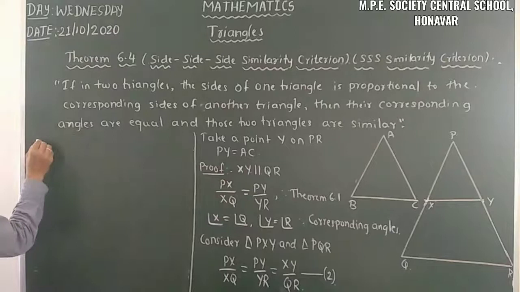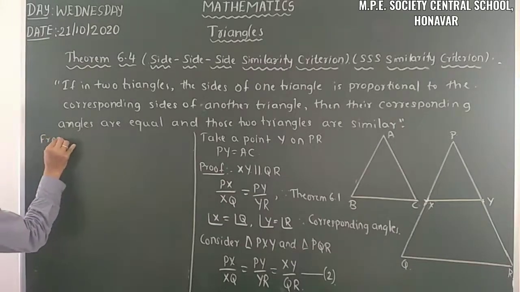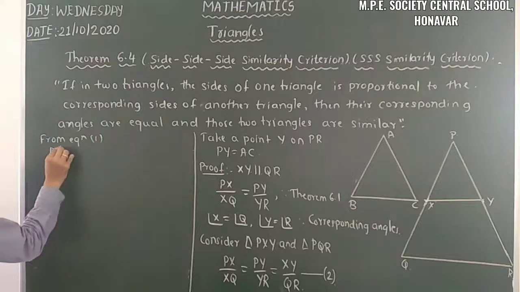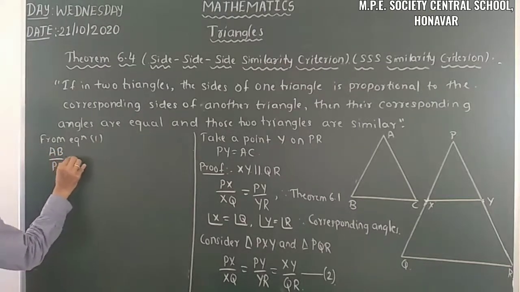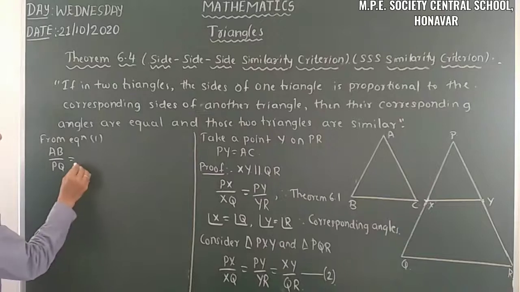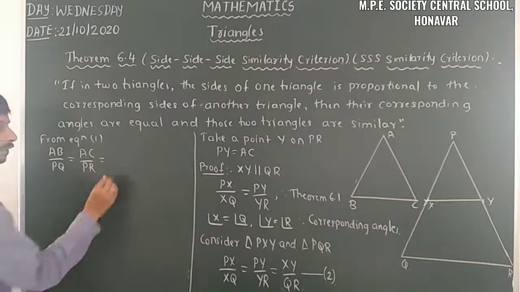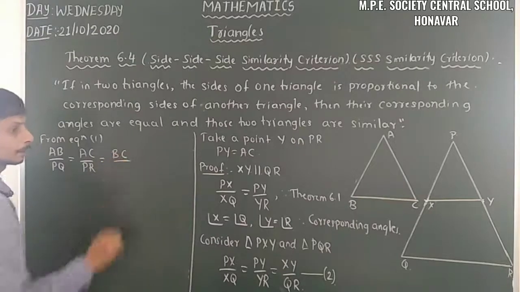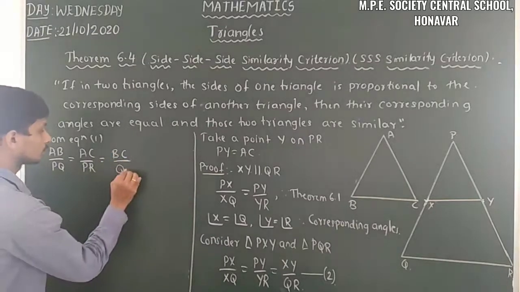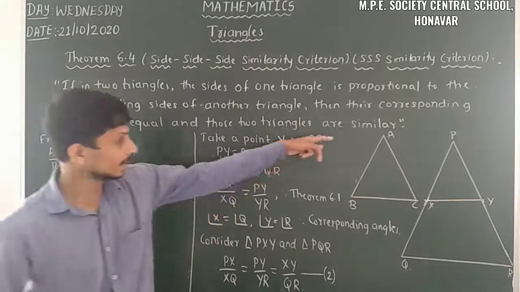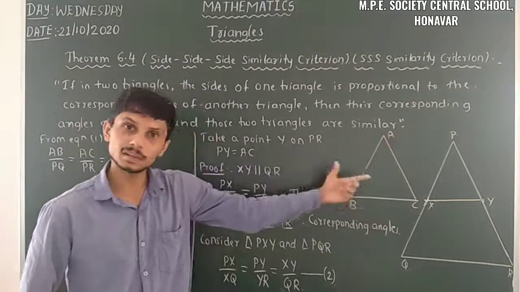So from equation 1 we have AB by PQ is equal to AC by PR is equal to BC by QR. Also we know that AB is equal to PX.